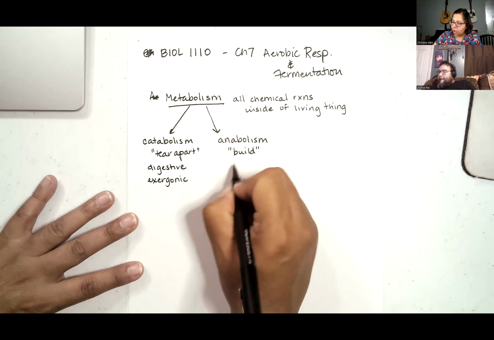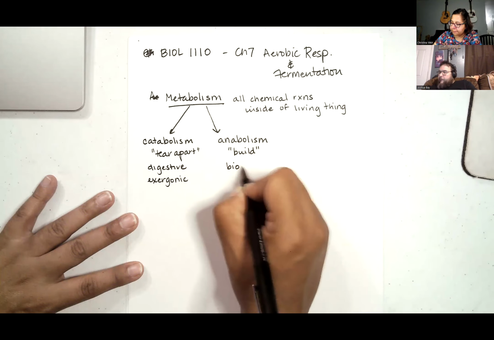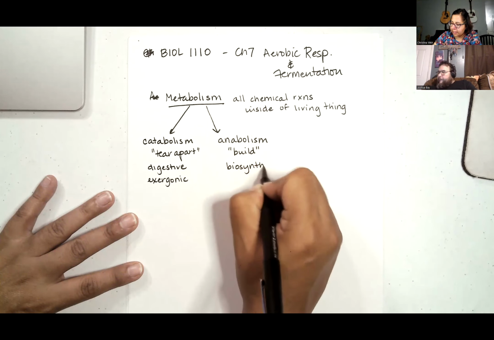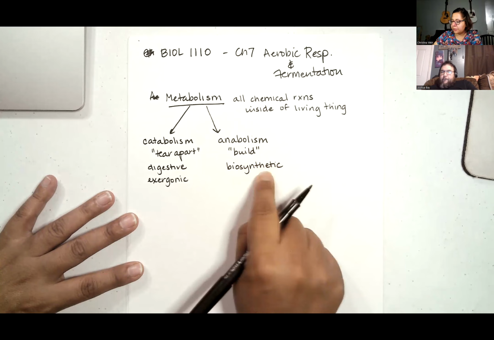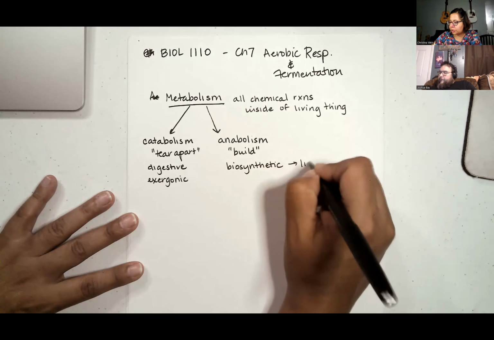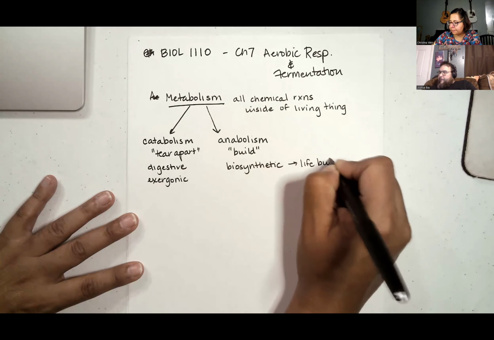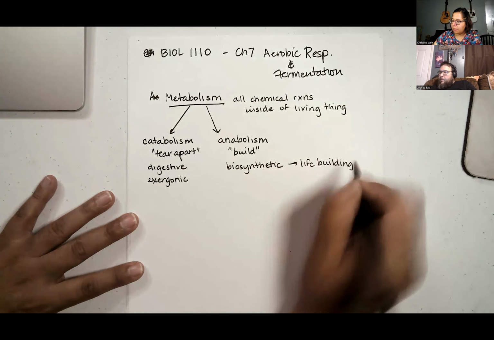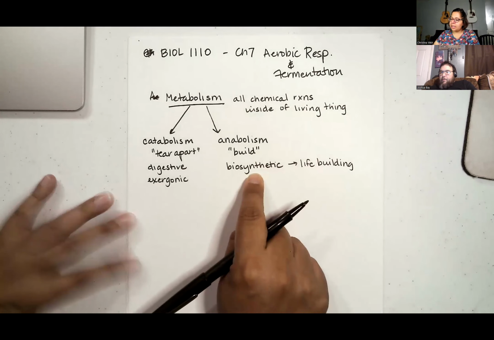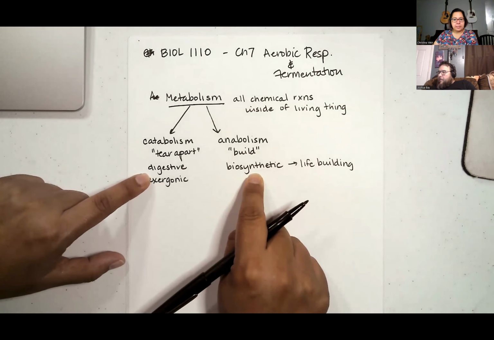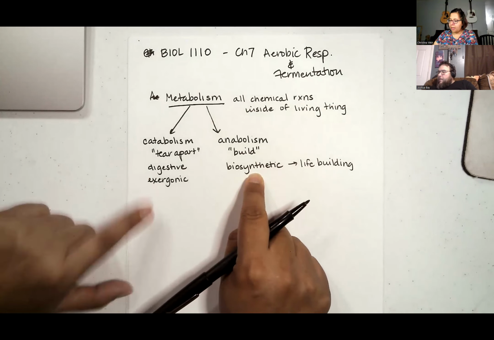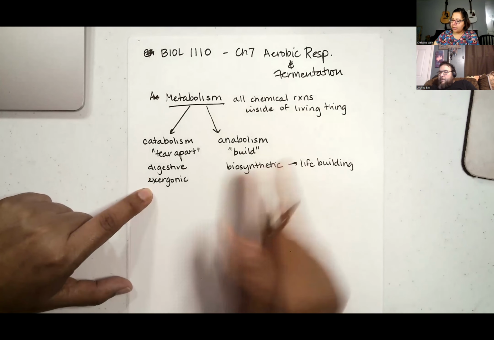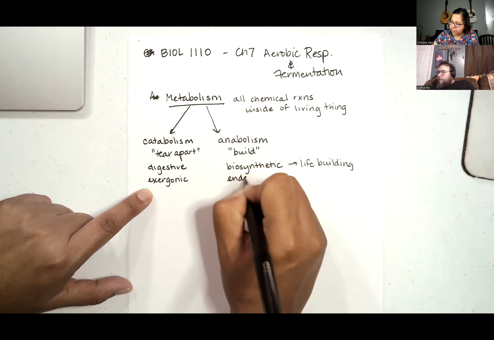Anabolic reactions, you can call them, this is a fancy word, biosynthetic. And the word biosynthetic literally translates into life building. So biosynthetic is kind of the opposite of digestive. The opposite of exergonic would be endergonic.